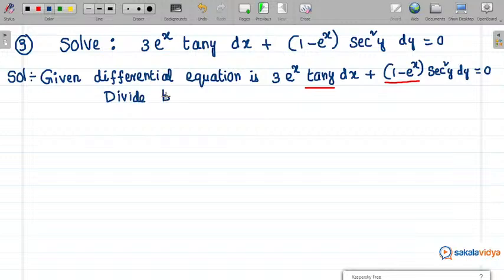So now divide both sides. This technique has to be applied also. So divide both sides by tan y into 1 minus e power x.